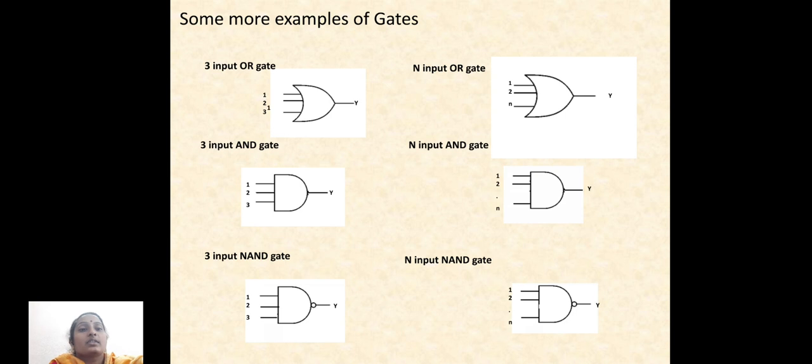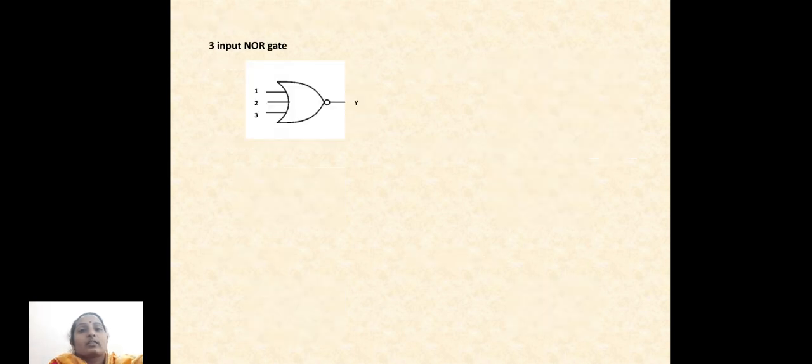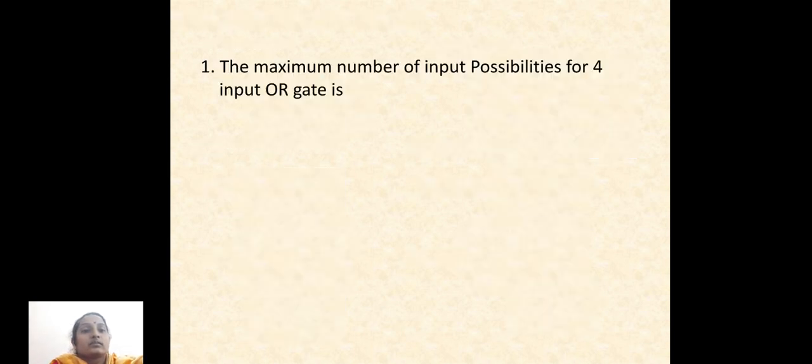So here n inputs are there. What is the maximum number of input possibilities for a 4 input OR gate? How can we find out the possibilities? If it is a 4 input AND gate, you take 2 to the power of the inputs.